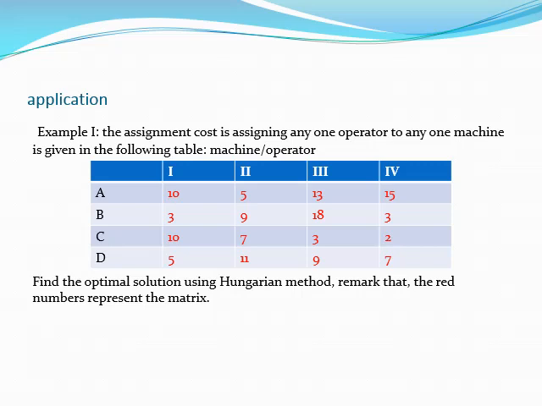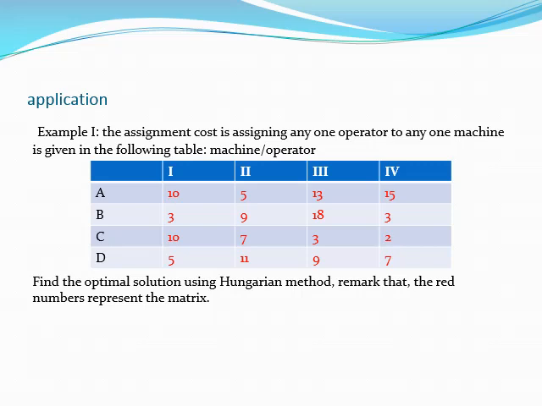If the number of lines equals the number of columns or the number of rows, then we get an optimal solution. To reach the optimal solution means that the number of lines should equal the number of rows or columns.